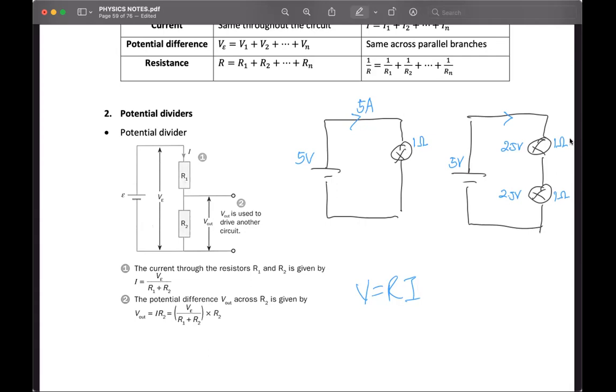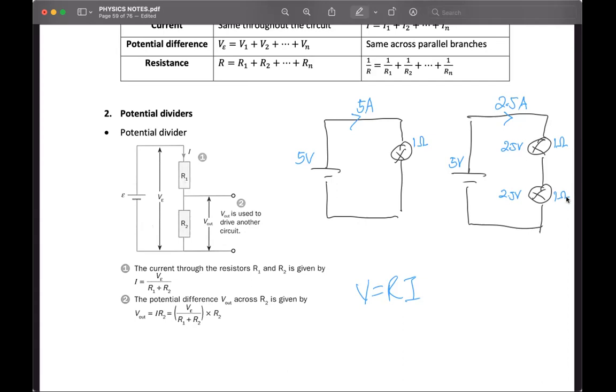Okay, so if I look at this first bulb by itself, V is equal to RI. The V is 2.5. The R is 1. So the current flowing through this is just 2.5 ampere. Does it make sense? Because this is a series circuit, there's only one way to go. So it's only 2.5 ampere of current going through the whole circuit.